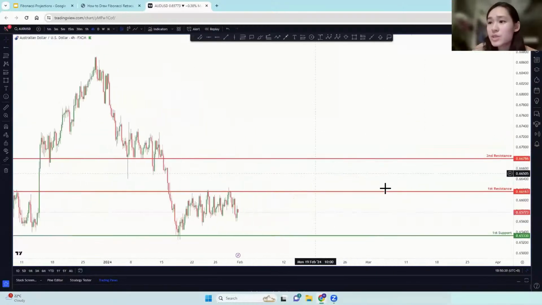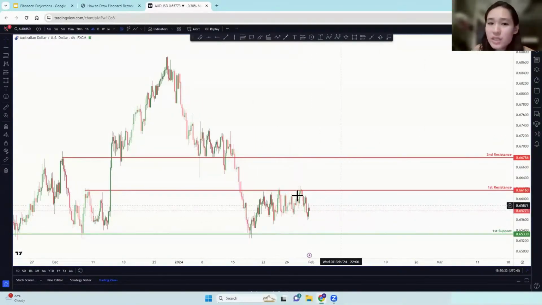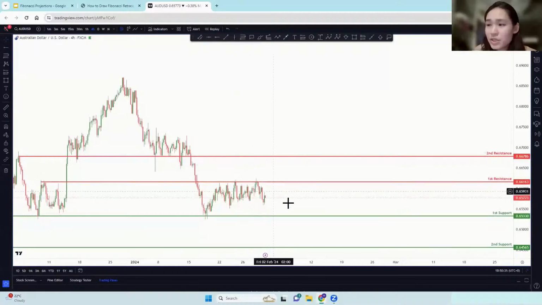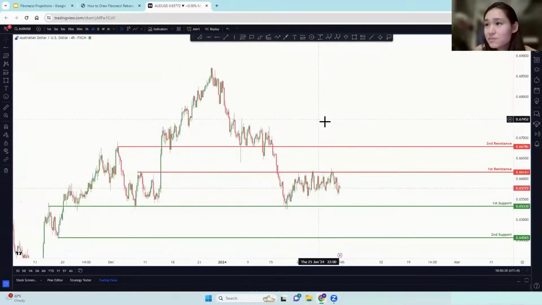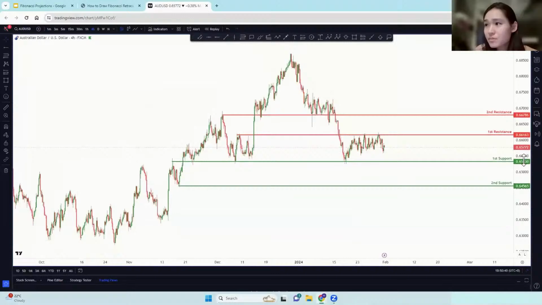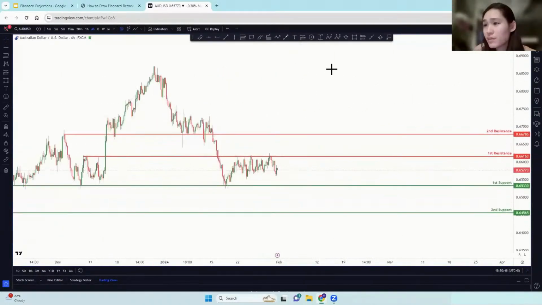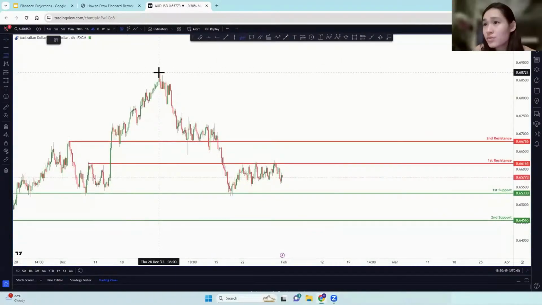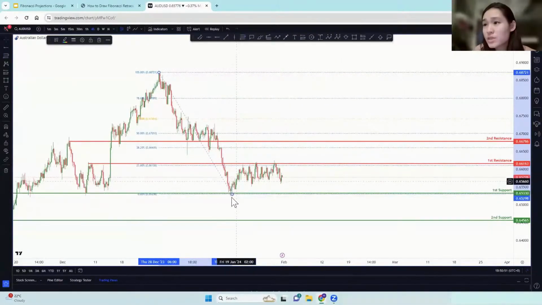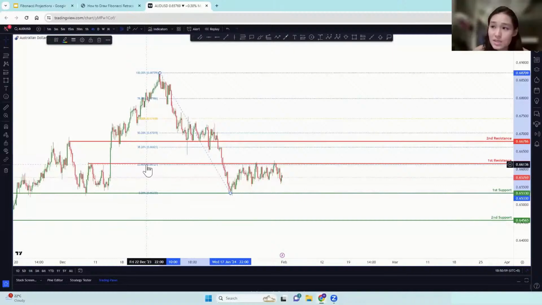Okay, I think you can see price moving within this channel here. I think we would continue to see price kind of testing this area. But let's just do some analysis anyway. Okay, so starting off, I'm going to look for a retracement so I can see that this first resistance lines up with the 23.6. Yeah, I think the 38.2 as well.